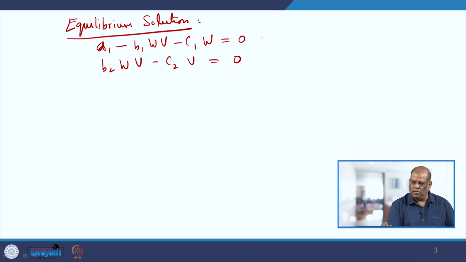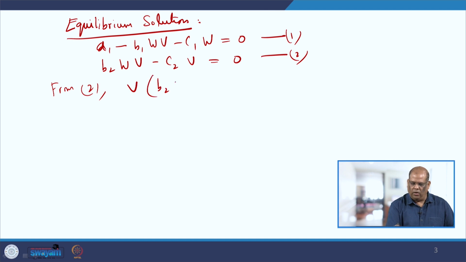Now, from the second equation, I can take V common and I get B2 W minus C2 equal to 0. This gives me V equal to 0 and W equal to C2 by B2.